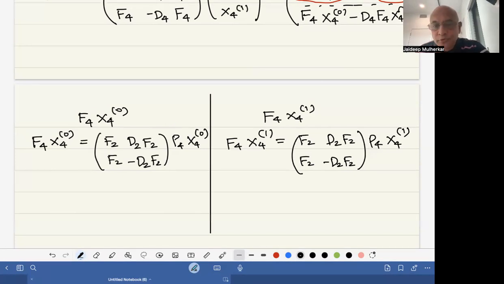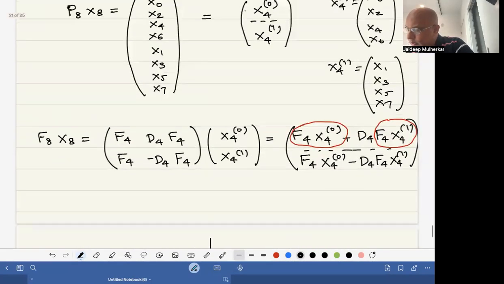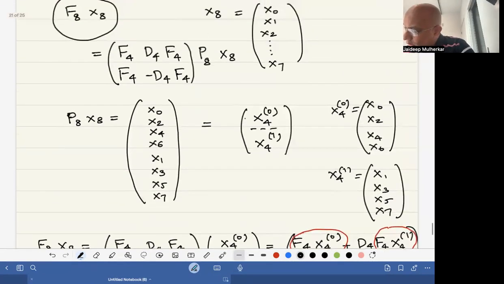Now, P4 x4 of 0 interchanges the even and odd entries of x4 of 0. But x4 of 0 we just computed. It's over here. So P4 x4 of 0 will get these two together, and then it will get these two together.